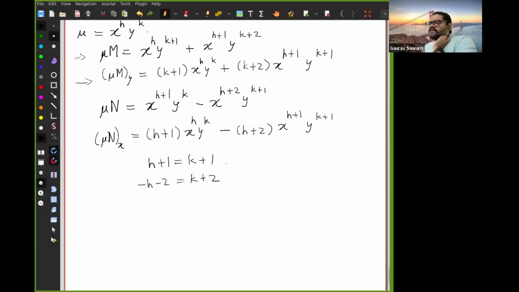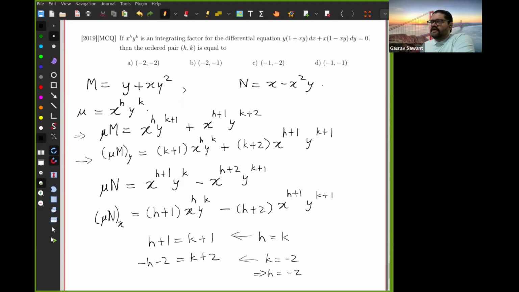Yes, so we have gotten h equal to k from this one, and when I have h equal to k, I will have minus k minus 2 equal to k plus 2. So minus 2k equal to 4, k equal to minus 2, and therefore h is also equal to minus 2. So this is right. We got the answer.